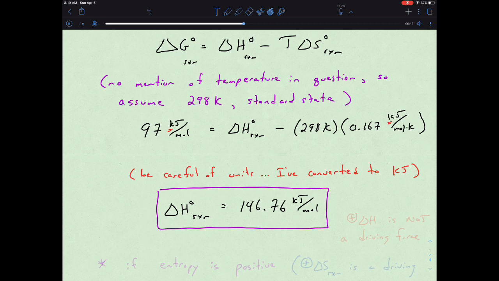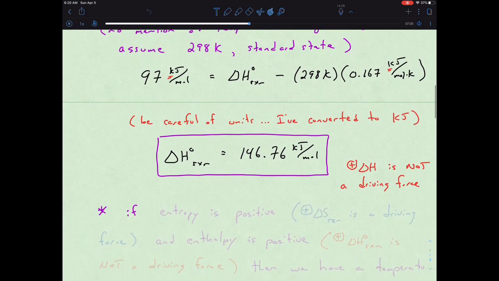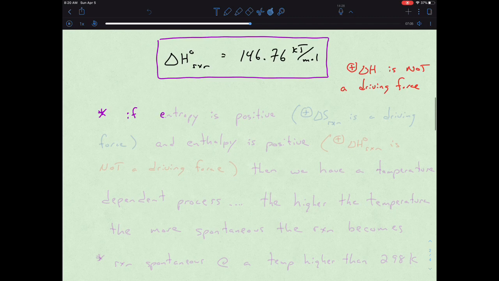And note that this is a positive delta H, and a positive delta H is not a driving force. Again, positive entropy is a driving force.